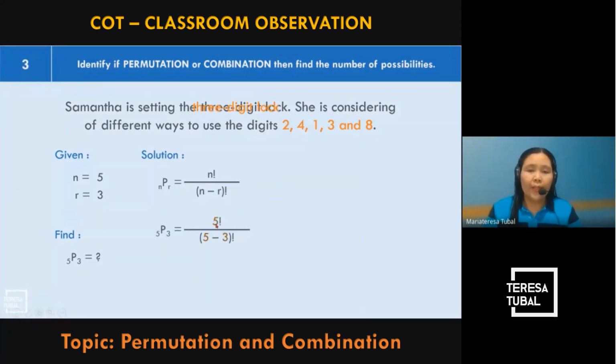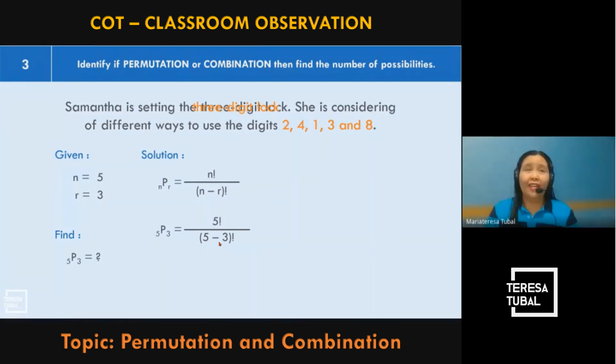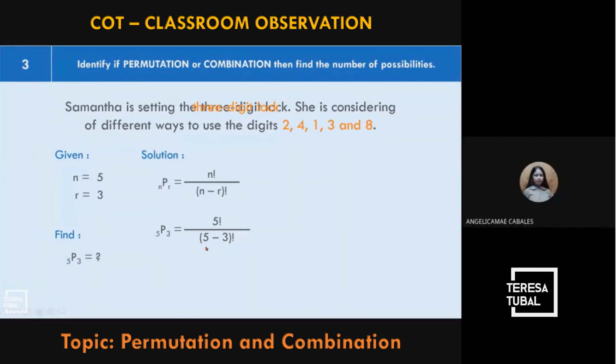So she replaced N by 5, and then the value of R that is equal to 3. So let us solve now. 5 minus 3? 2 po.